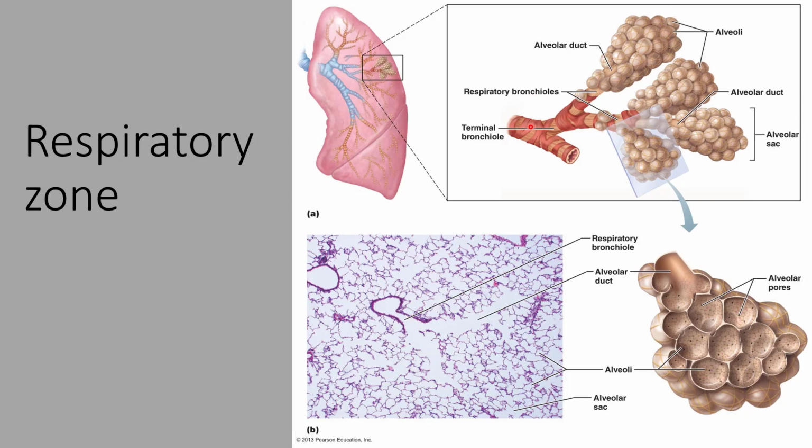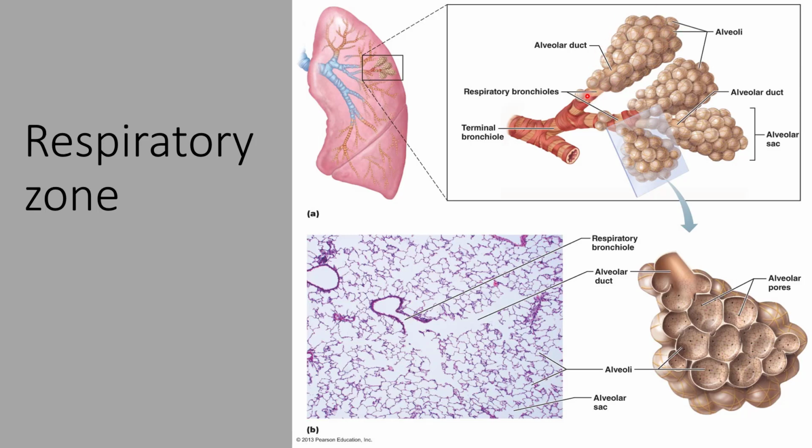Here's that terminal bronchiole, and once we get past it, the smooth muscle stops. We move into this structure that looks like a whole bunch of balloons stuck to a stick, or a cluster of grapes. And this is where gas exchange takes place.